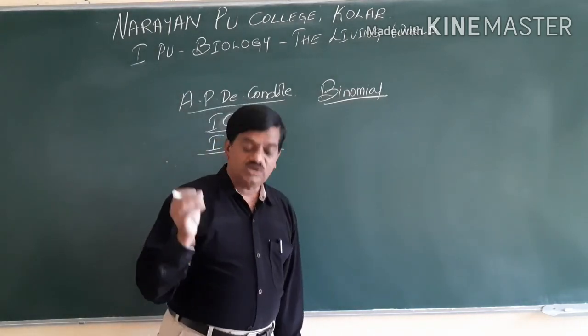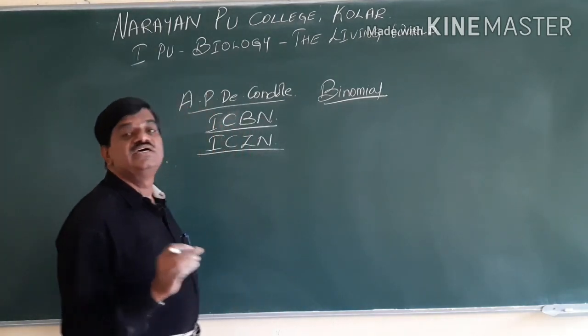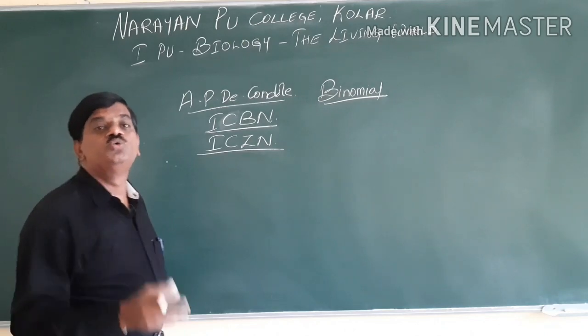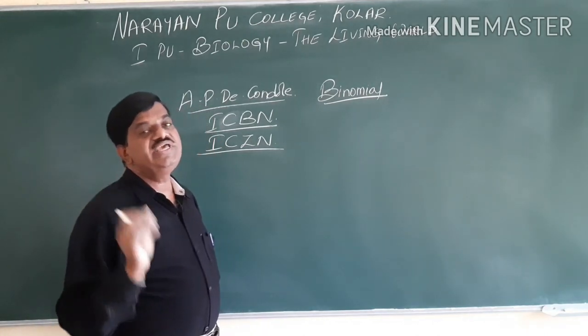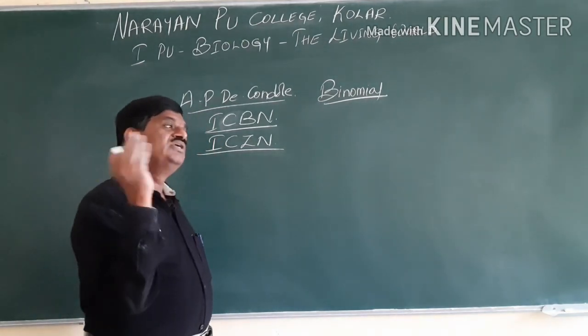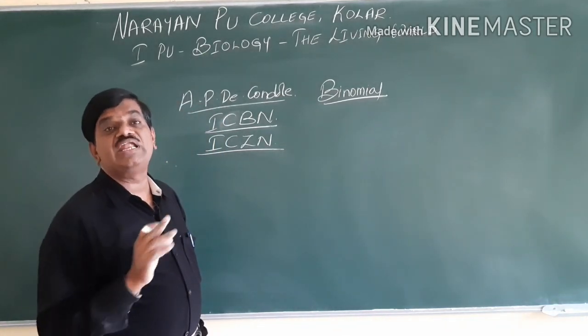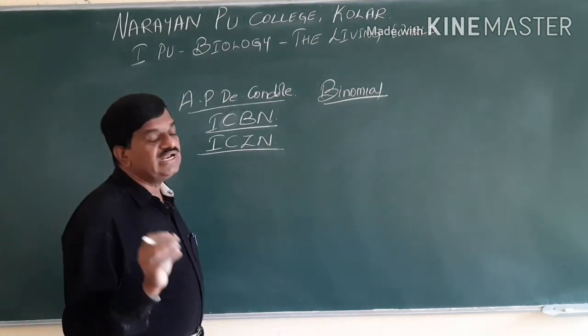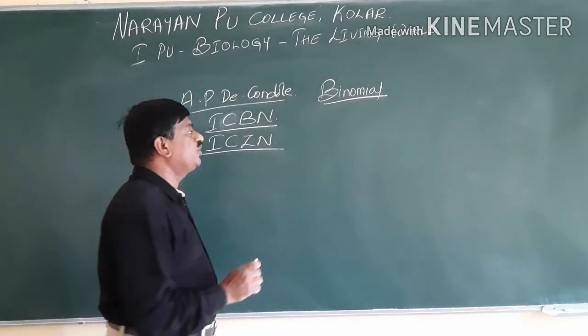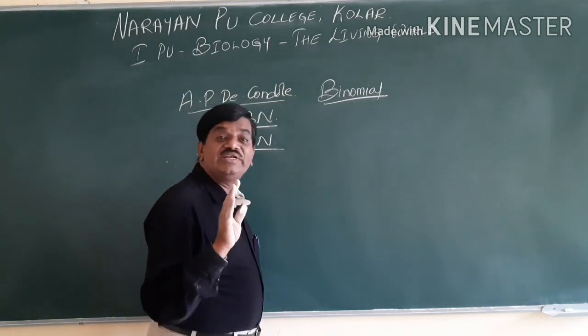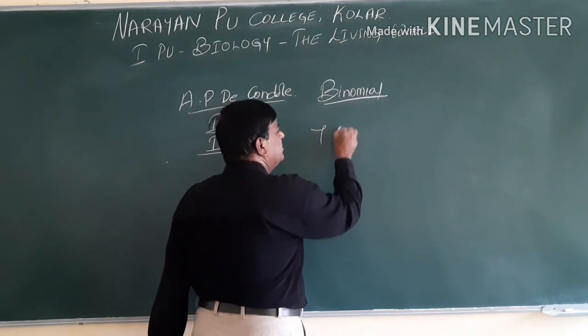Now we'll go for the next heading, taxonomical tools or taxonomical aids. Before this, we go for the Linnaean hierarchy, the taxonomical hierarchy. In the taxonomical hierarchy, there are 7 ranks, 7 categories.